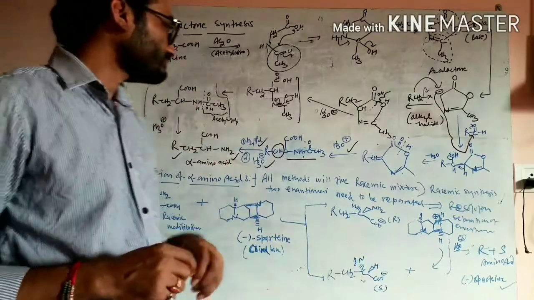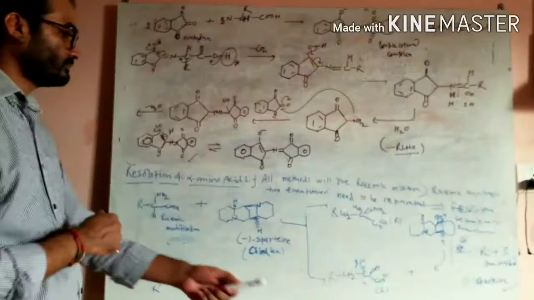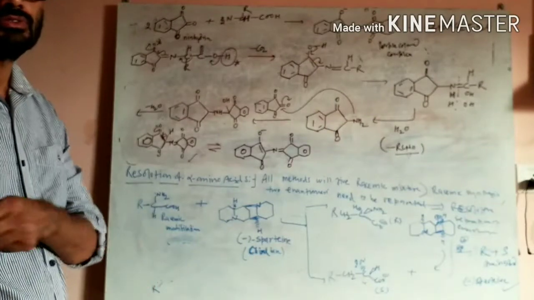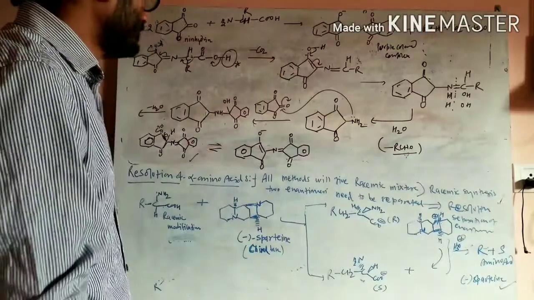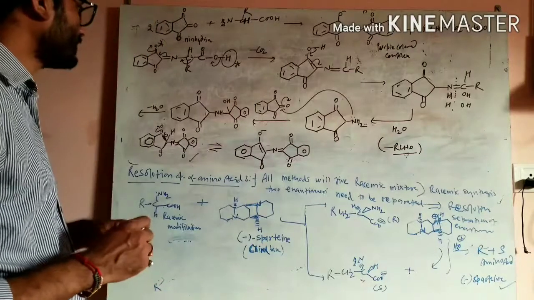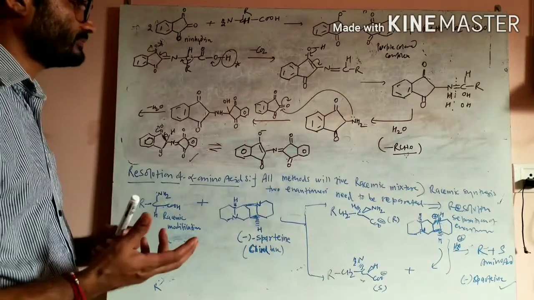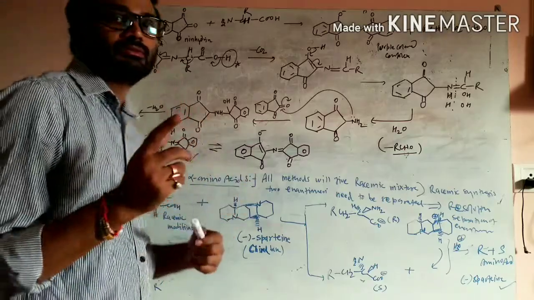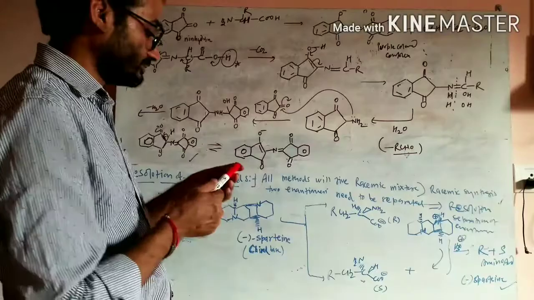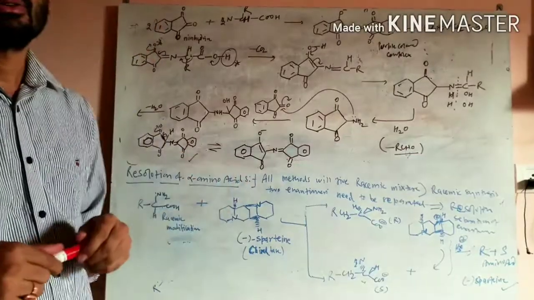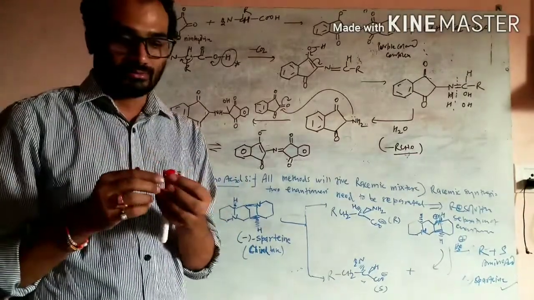Okay. Now, this is all about the synthesis of alpha amino acids. See, we have synthesized the alpha amino acids, and we know that all the alpha amino acids except glycine have one chiral carbon.